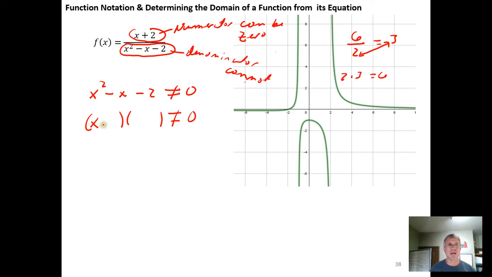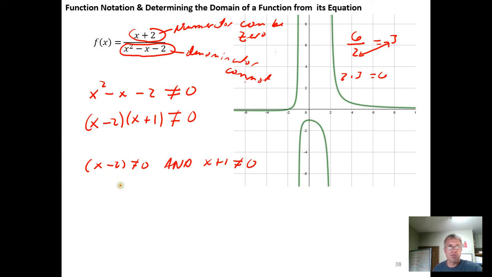And I think this one factors if we do x minus 2 and x plus 1. And then the zero product property, if we apply it, we say, hey, x minus 2 times x plus 1 can't be 0. So for that to be the case, x minus 2 can't be 0. And here I get to use an and instead of an or because of the not equal to. And x plus 1 cannot be 0.